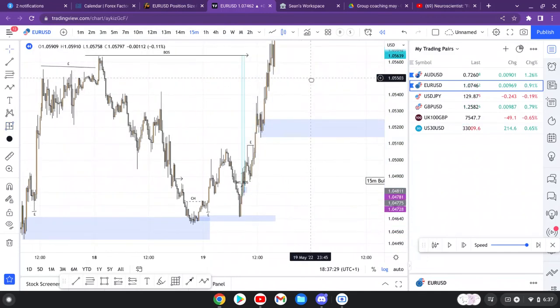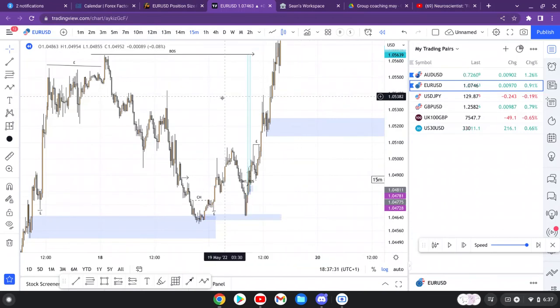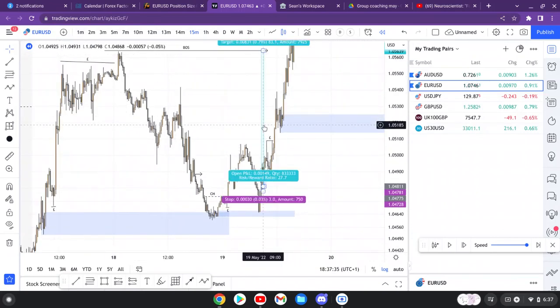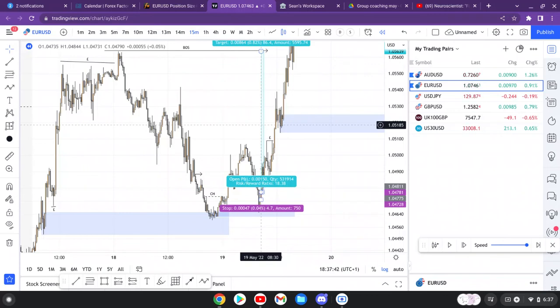And what was our risk to reward on these trades? This one a 1 to 27. Let's just round it up, 1 to 28. And then this one a 1 to 18. So that is 46%. Risking 1%, you would have made 46%, which is incredible in 6 hours.